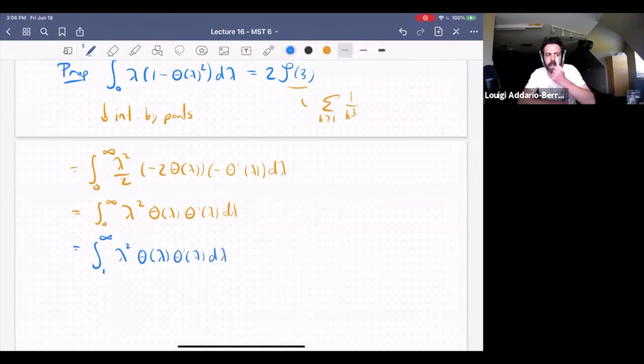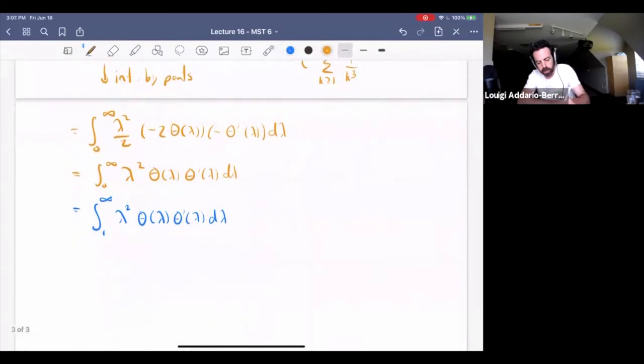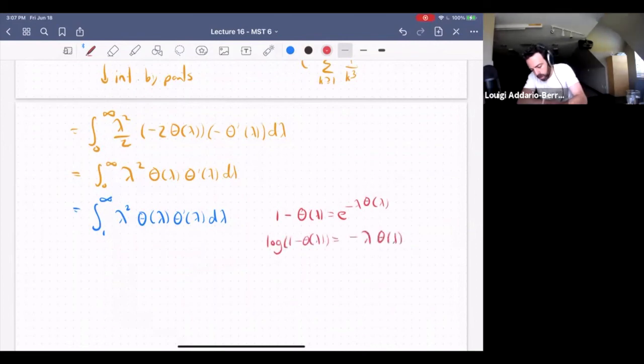Okay, and now I'd like to use the defining identity to rewrite lambda here. So 1 minus theta lambda is e to the minus lambda theta lambda. Let's take logs. So that tells us log of 1 minus theta is minus lambda theta, right?